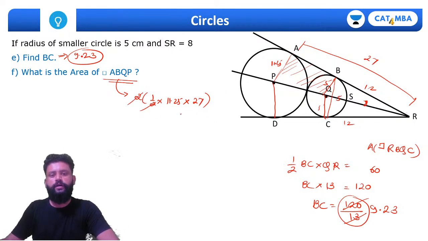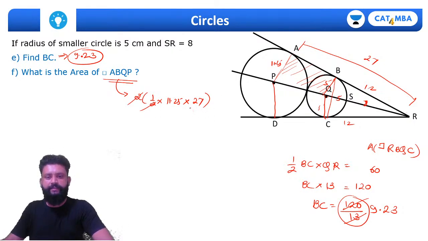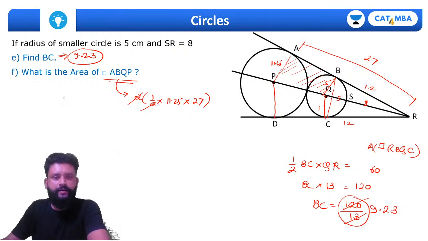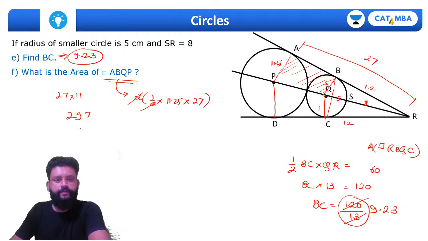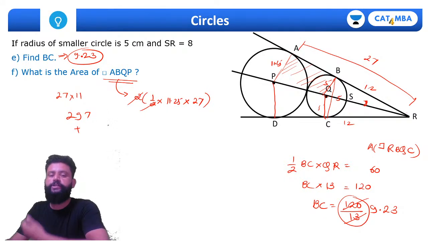So this will be half 11.25 into 27. You can simply multiply 27 into 11. If you multiply 27 into 11, it is 297 plus 0.25 into 11.